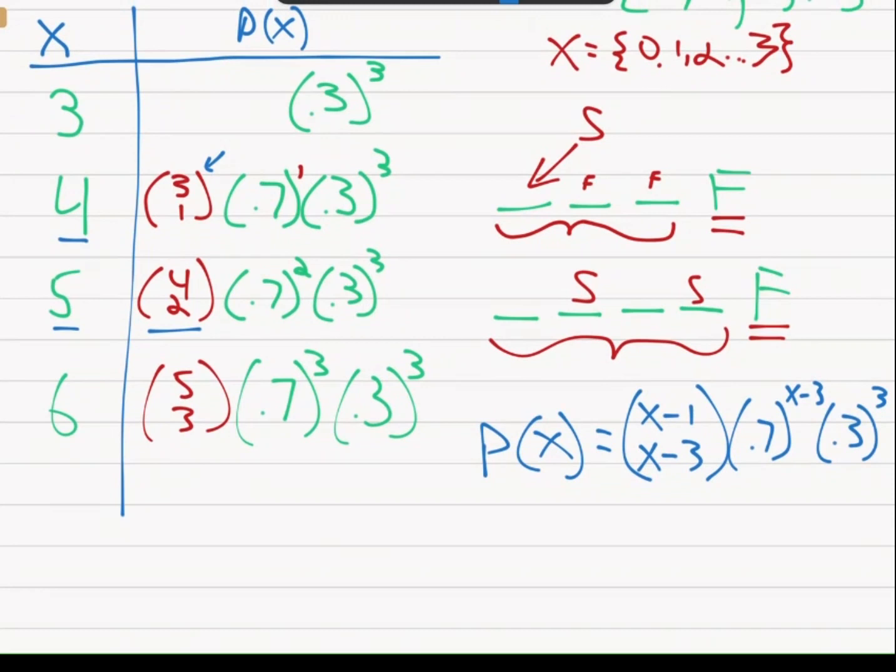a little more cleanly. It looks a little better if we switch this to being 0 and 1 and 2 and 3. Then notice what happens.